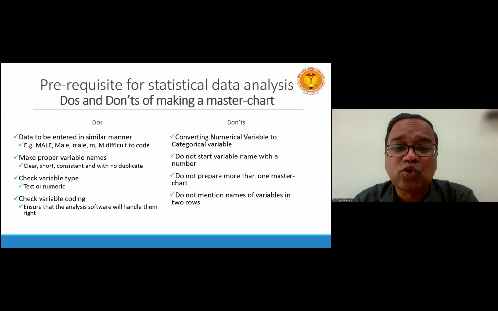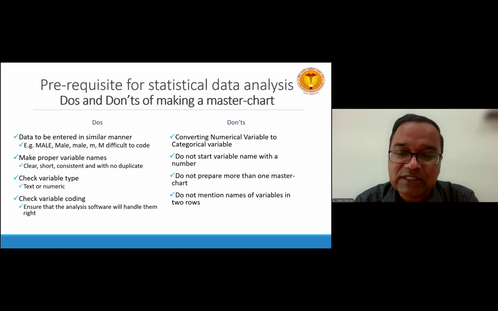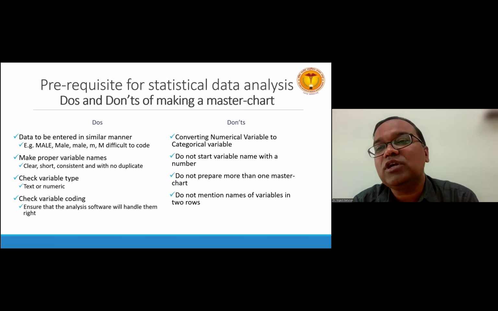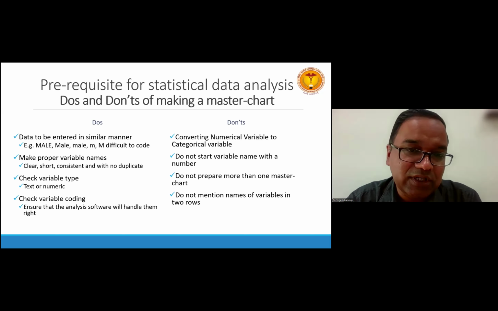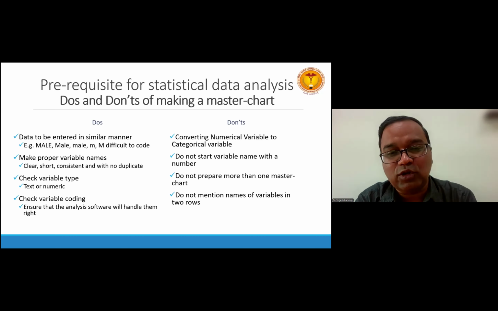Next, check the variable coding, because a lot of software handle the data once we code them. So always check, and it is always suggested that we have a sheet that is called a data documentation sheet. The data documentation sheet basically works like this: we have a list of all the variables.